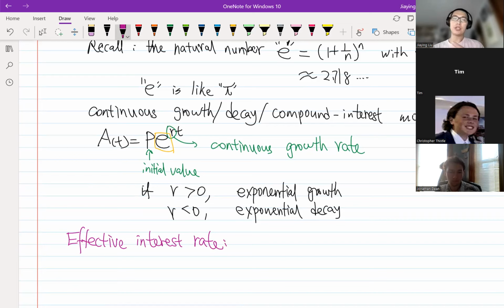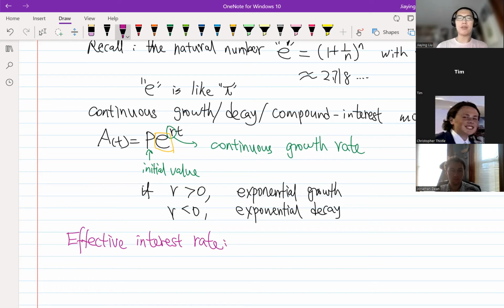The interest generated in the first month actually stays in the account, and during the next month, the interest you created in the first month gives you a little bit extra interest, and every month the interest you gain stays in the account and creates more interest. So in the end, what you end up with as the interest for the whole year is actually more than what you would get if it's just compounded once a year. So if it's compounded more frequently, it's actually a good thing because you allow the interest to create more interest in the process.